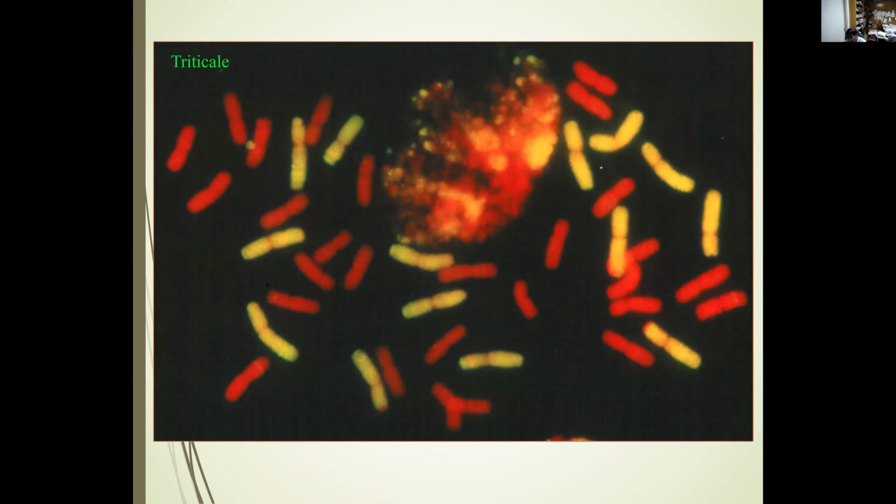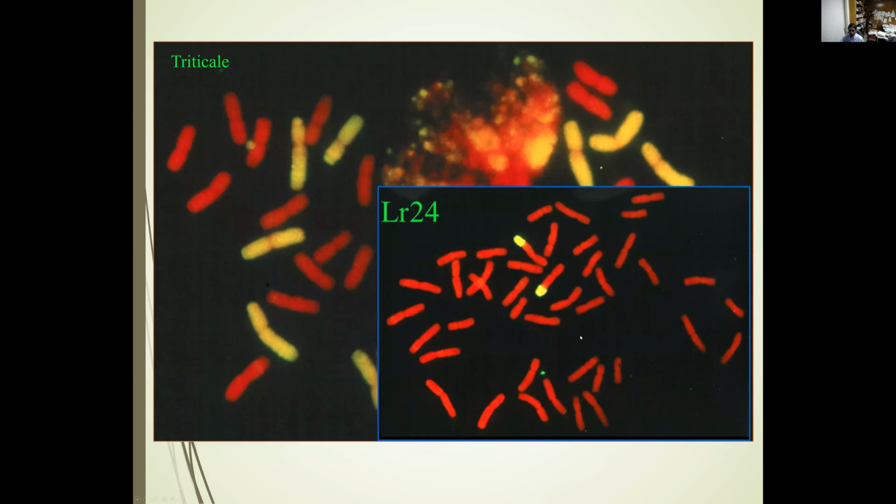Okay, here is a genomic in situ hybridization, where you take labeled DNA from one species and blocking DNA from another species in one background. This is critical, and the right chromosomes were labeled, and you can see the yellow showing all the protein chromosomes. And I did mention the leaf rust gene.